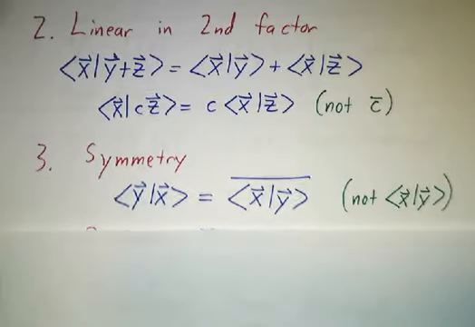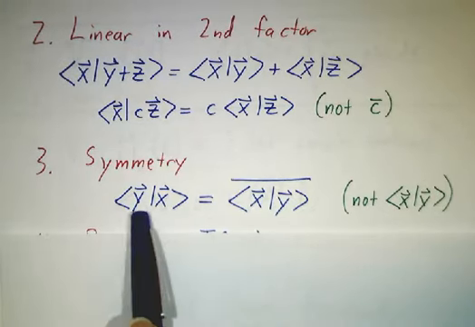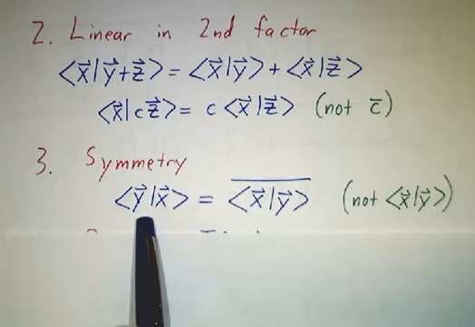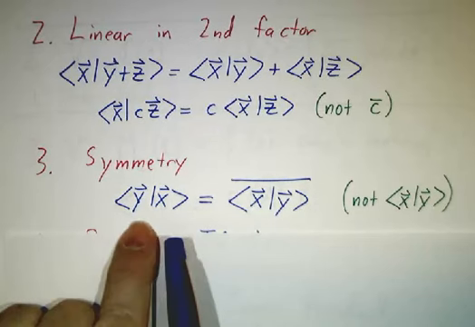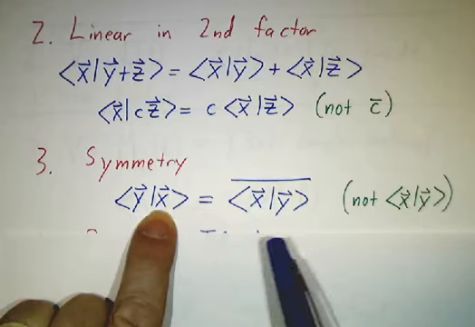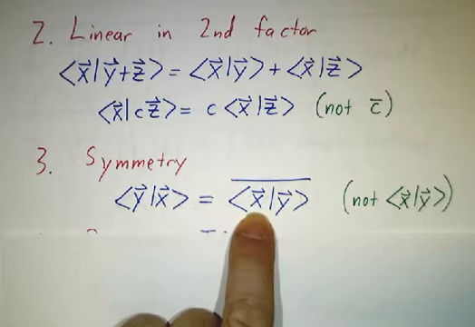Now, symmetry is a little weird. If you switch the order of y and x, it changes the answer. And the reason it changes the answer is that over here, you're conjugating all the y terms before you multiply them by x. And over here, you're conjugating all the x terms before you multiply them by y.